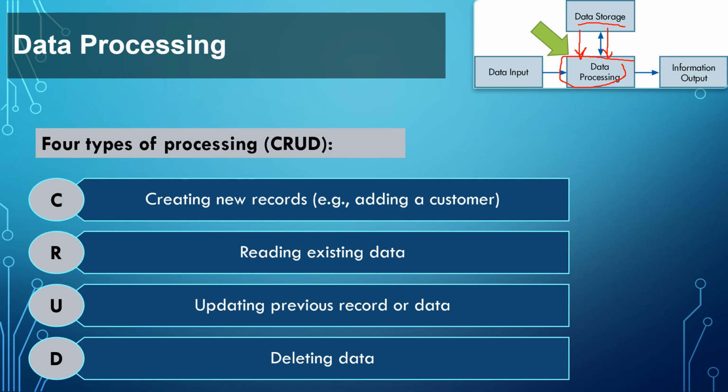So those are the four functions that we use to process or treat the data: create, read, update and then delete. So that's the four types of processing of data. And to make it easy to memorize, we can say CRUD: create, read, update, delete.